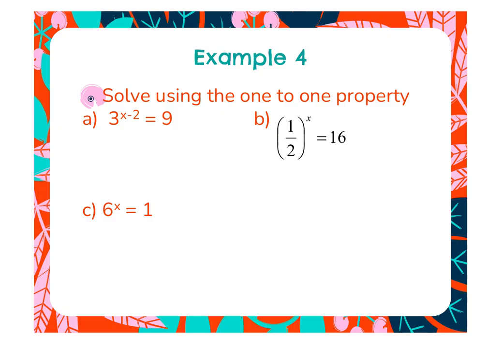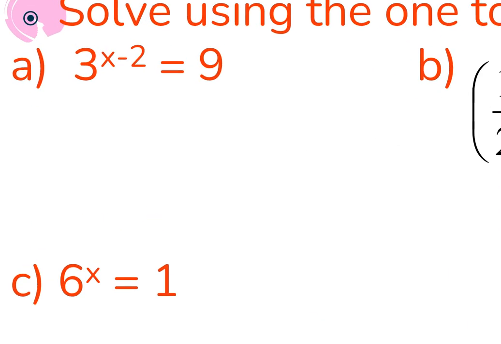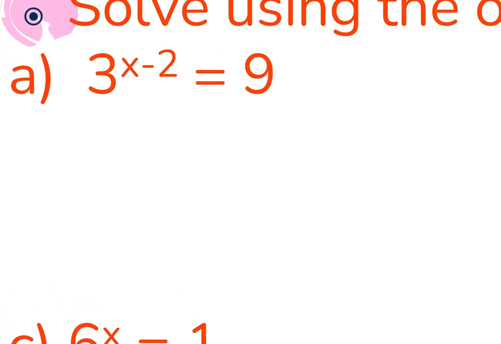All right, so example 4 says solve using the one-to-one property. Eventually, it will just say solve. So I'm going to go to A. Are the bases the same? No. Can I rewrite them so that they are, is the question. Yes. So instead of changing 3, I'm going to change the bigger one to be a base of the smaller one. So the 3 to the x minus 2 is going to stay the same.